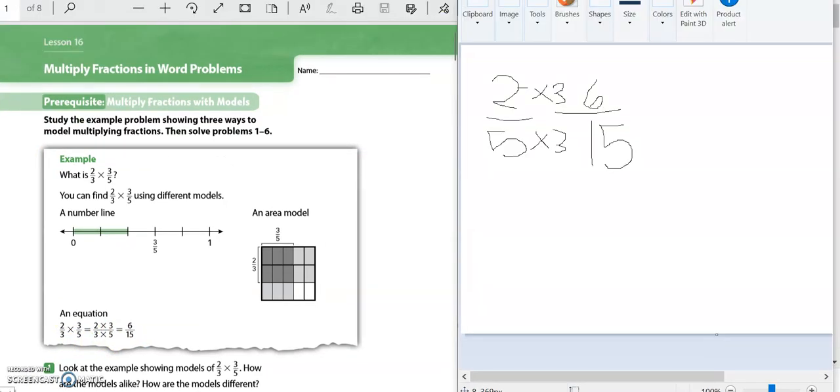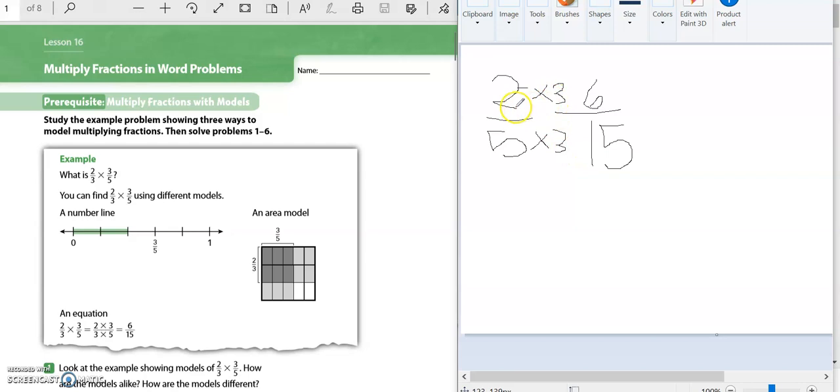Okay, so I went ahead and showed you how 2/5, which is on the number line, can be converted into 6/15. What you would do is you would multiply both the numerator and the denominator by 3. So if you multiply the denominator by 3, 5 times 3 is 15. Whatever you do to the denominator, you have to do to the numerator.